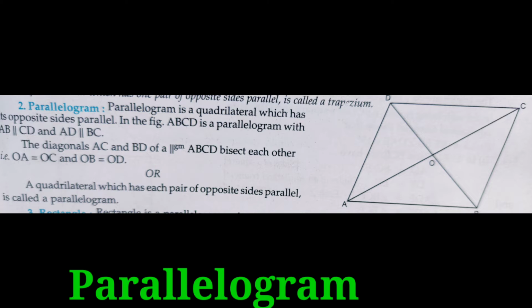The diagonals AC and BD of a parallelogram ABCD bisect each other at point O. Then we can say that OA equals OC and OB equals OD. So in short, a quadrilateral which has each pair of opposite sides parallel is called a parallelogram.